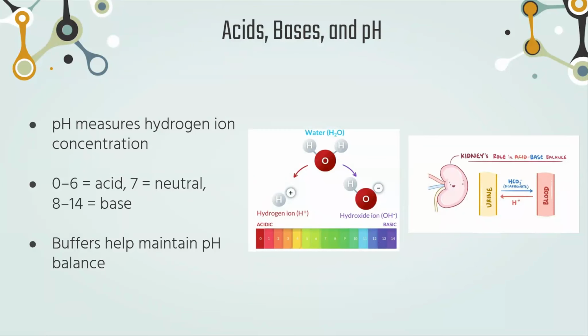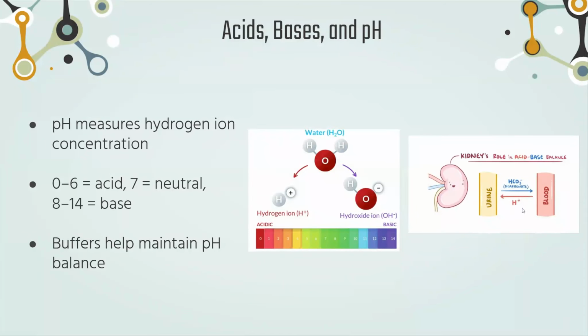And water helps with balancing the pH in our bodies. As you can see, if water releases a hydrogen, then it can cause things to become acidic. If it has more hydroxide ions from the water, then it becomes more basic. And buffers in our human body work with our organs such as kidneys to help maintain the balance of hydrogen or hydroxide ions in our blood and urine to help us balance our acidity levels.